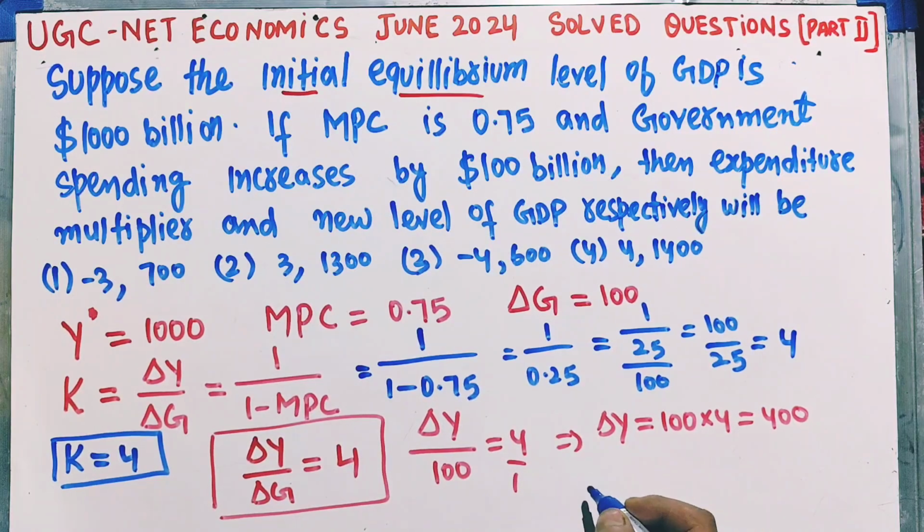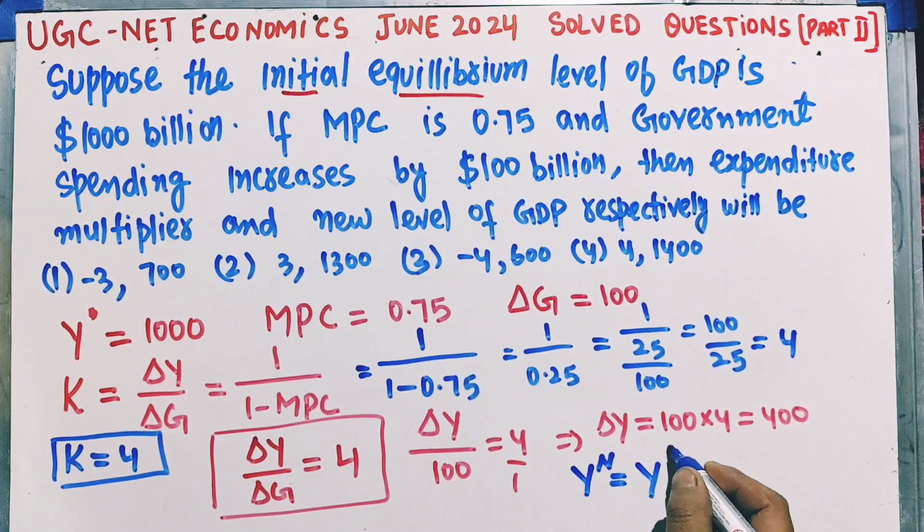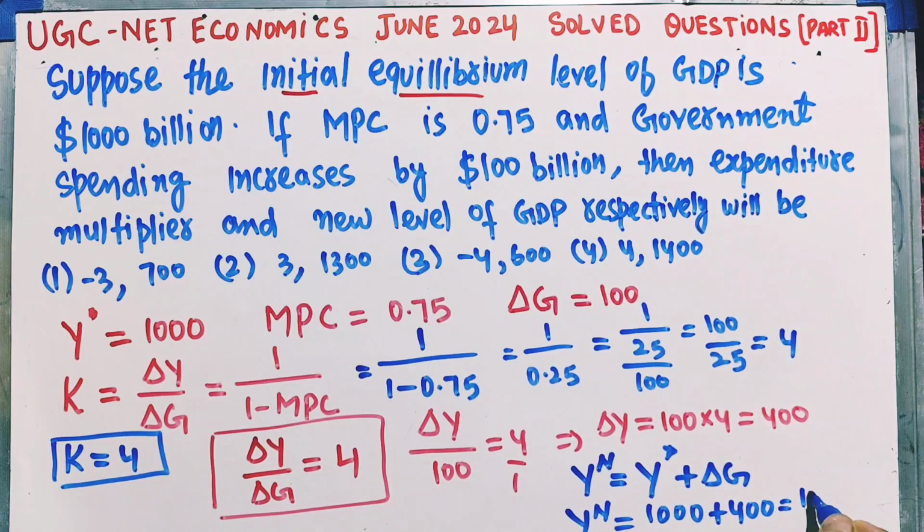The new level of GDP, let us denote it by Y superscript n, will be equal to the initial equilibrium level of GDP, that is Y star, plus the change in the GDP due to the change in the government spending, which is del G. So the initial GDP is 1,000 plus the change of 400, which comes out to be $1,400 billion.